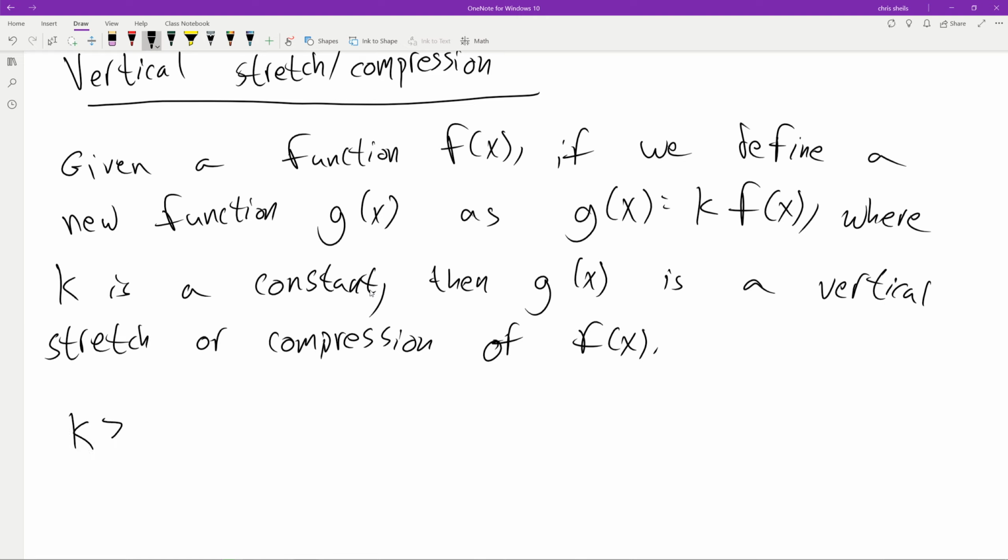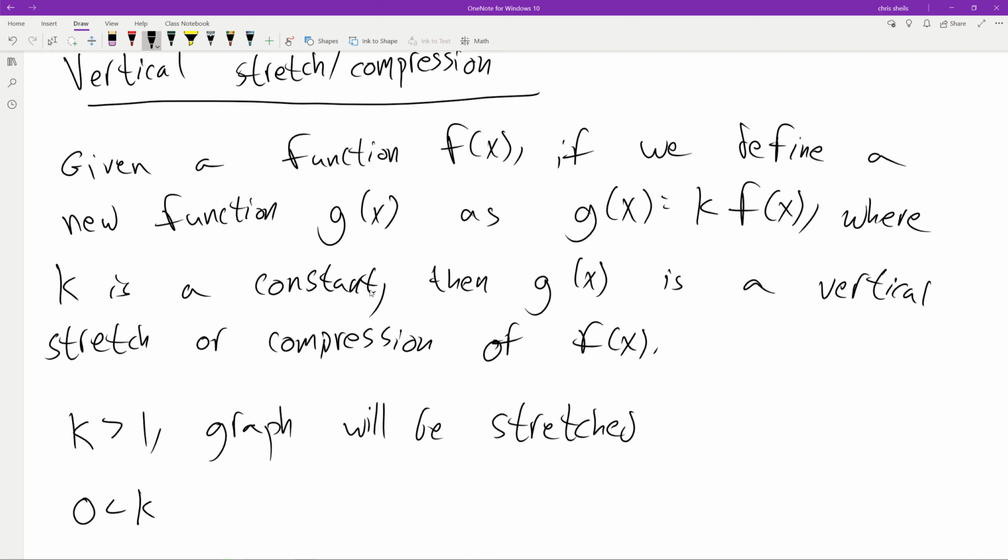If k is greater than 1, the graph will be stretched. If k is between 0 and 1, the graph will be compressed.